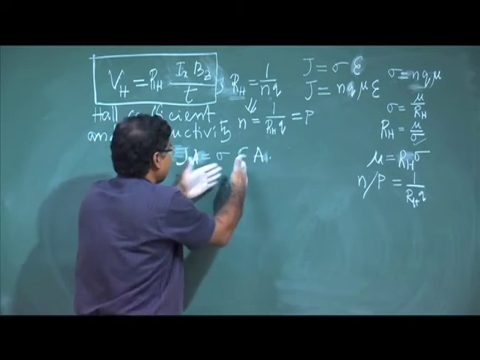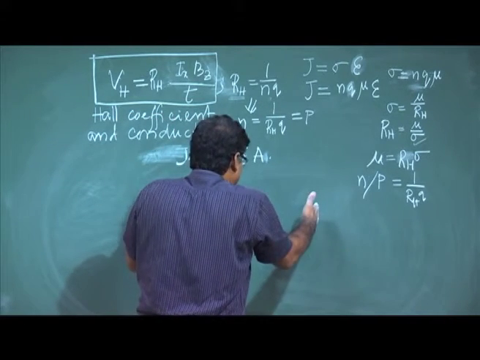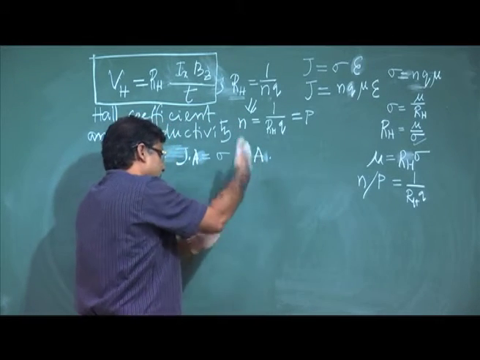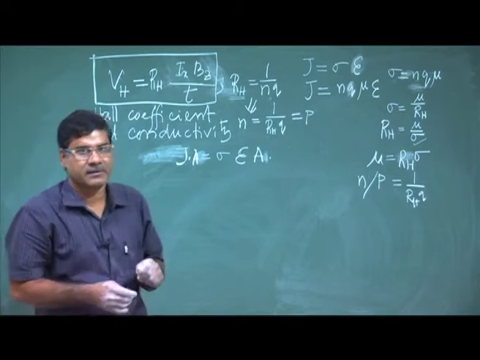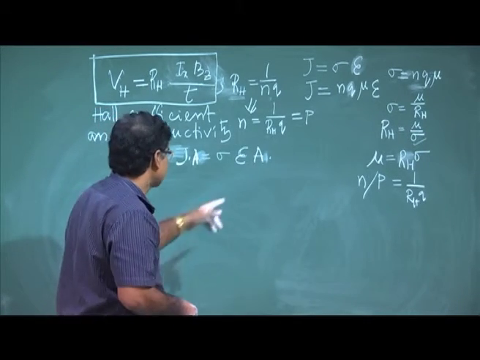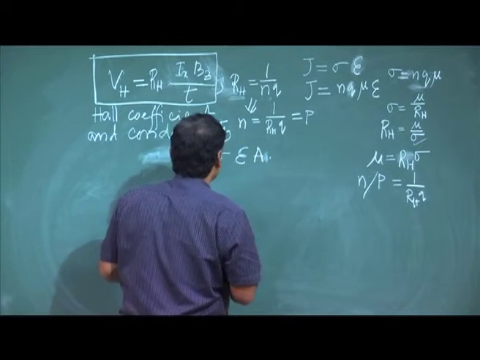So, say the electric field is applied along the length, and this is the cross section A of this sample. It is related with the width and the thickness.